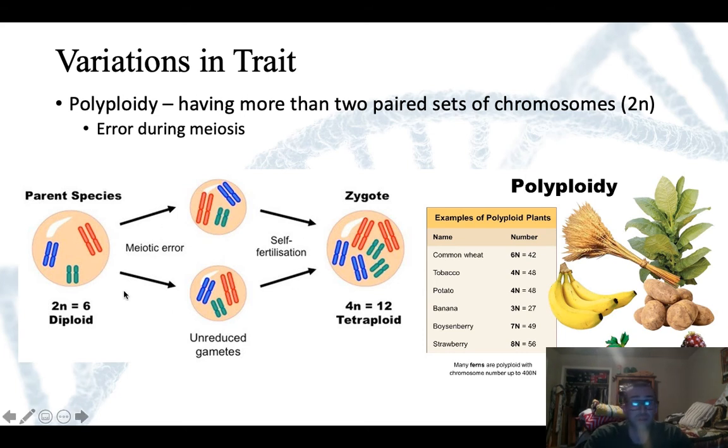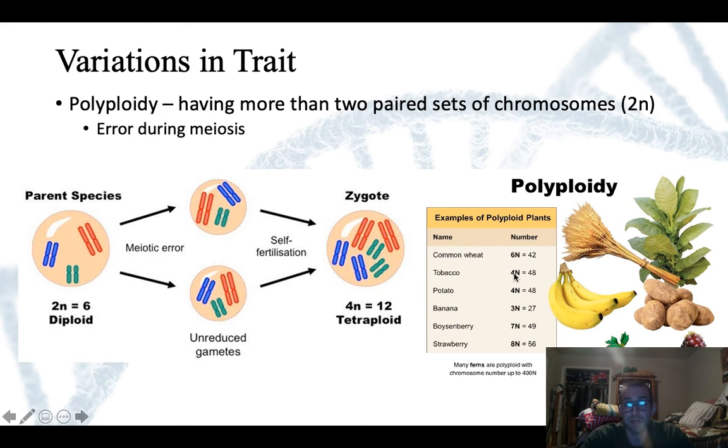So instead of having your normal diploid cell, you essentially have two diploids now that are going to fertilize, and now you have a tetraploid. So it has 4 copies of each chromosome. And this results in different traits that we could see. And there are examples of polyploid plants in our crop species, some very common ones, right? Wheat, tobacco, potatoes, bananas, boysenberries, strawberries, all have had these polyploidy errors.